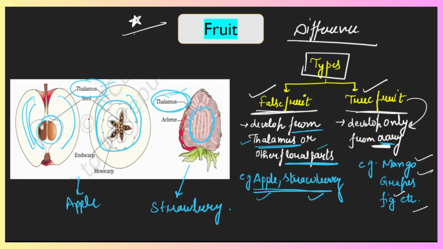See here, this is the thalamus. So, this is not derived from the ovary, but from the thalamus. That's why the apple and the strawberry come under the false fruit. I hope this difference is clear to you all. The examples are also very important.